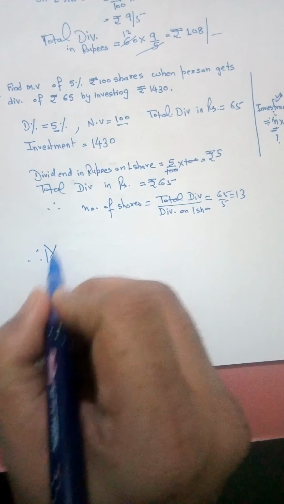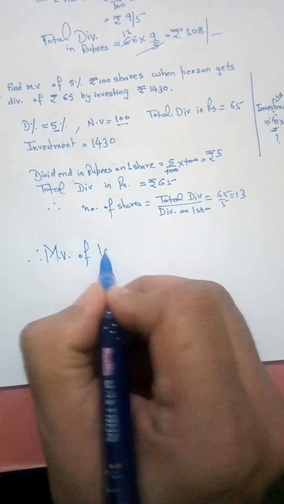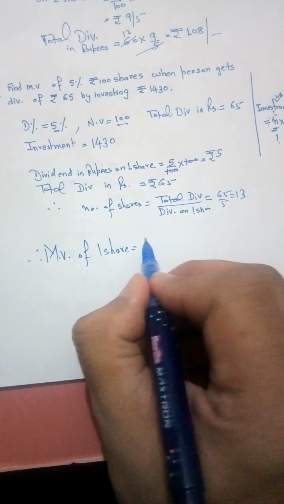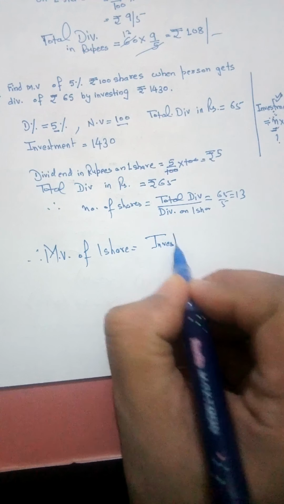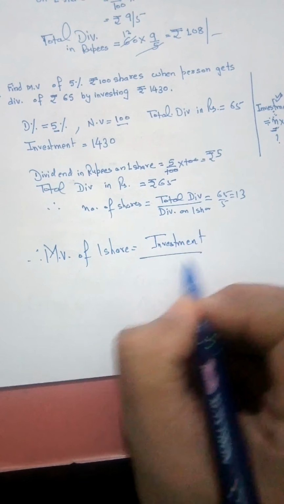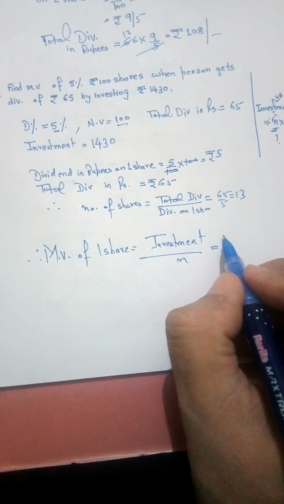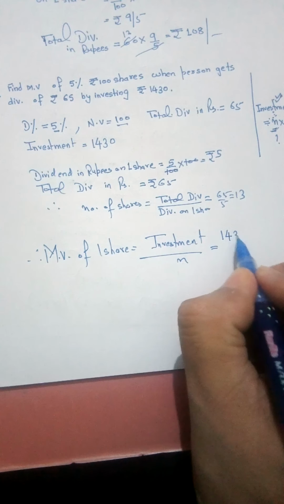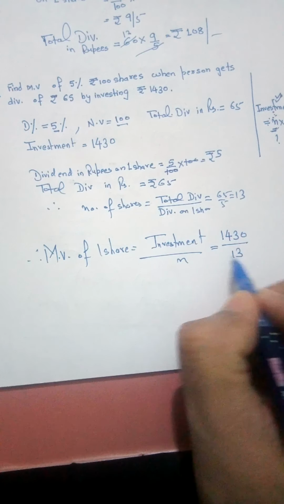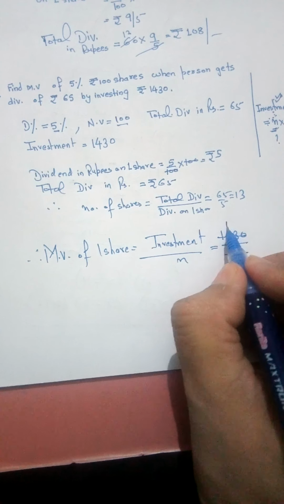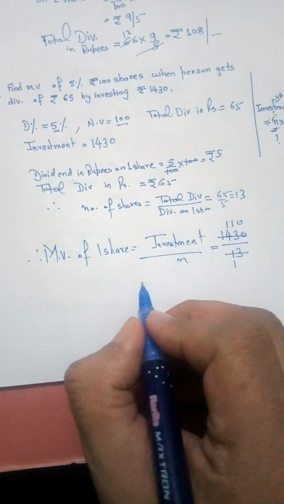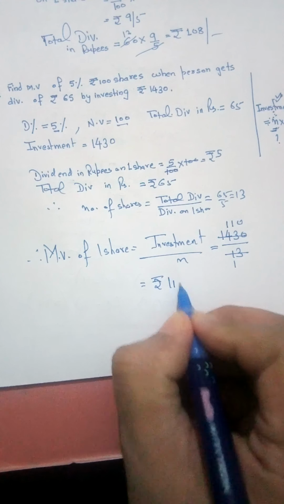Therefore market value of one share is equal to the investment divided by the number of shares. So what is the investment? 1430. What is the number of shares? 13. 13 ones are 13, 13 threes are 39, 13 ones are 110. So the answer is 100.